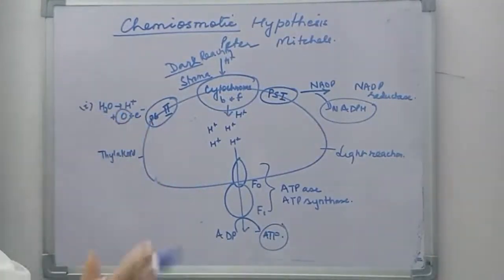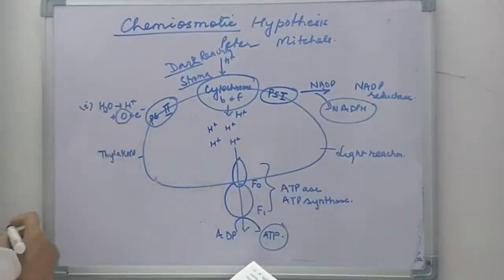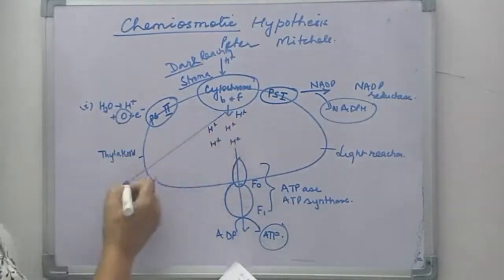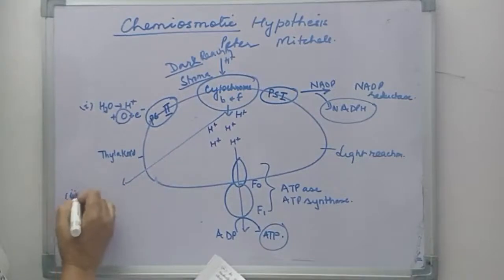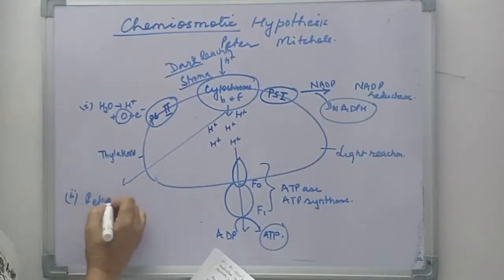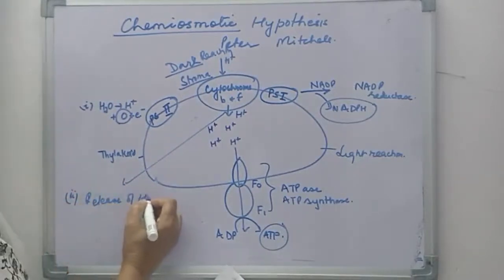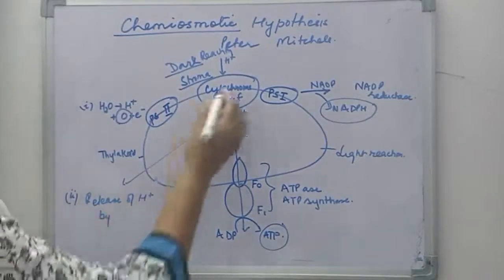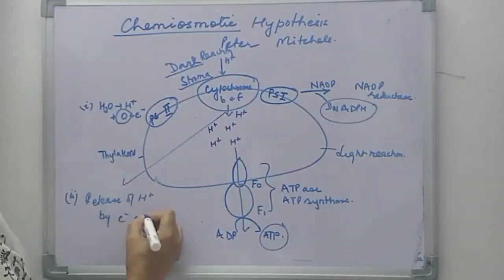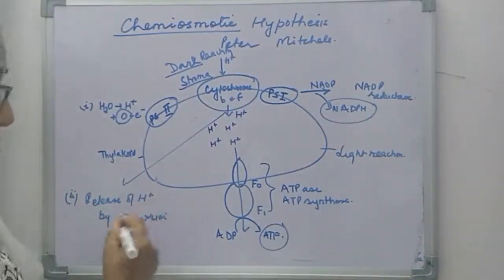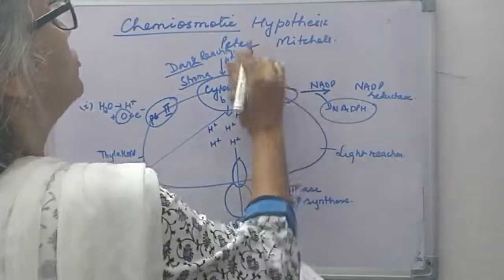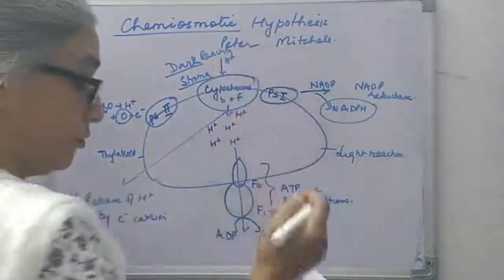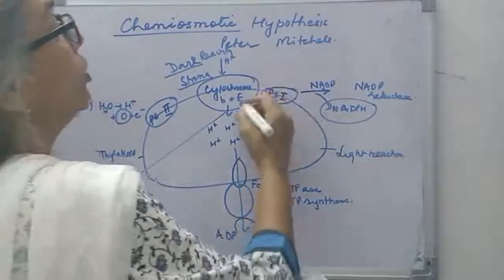So we see first splitting of water takes place, then second we can say release of hydrogen ions by the electron carriers, then hydrogen ions from the stroma are moving into the lumen.